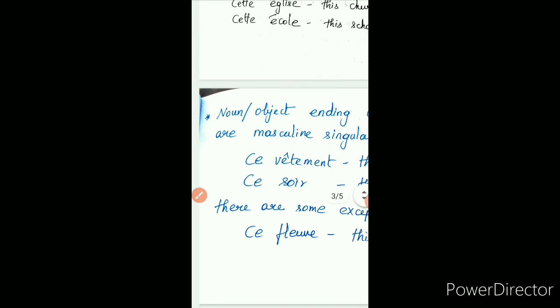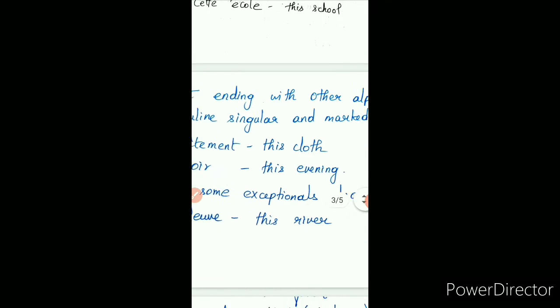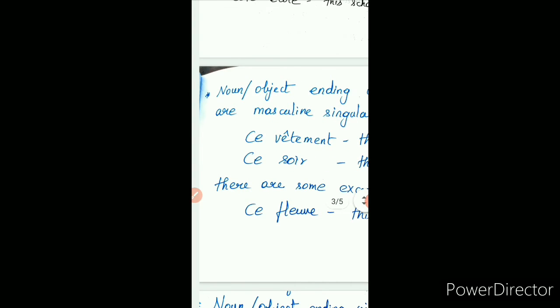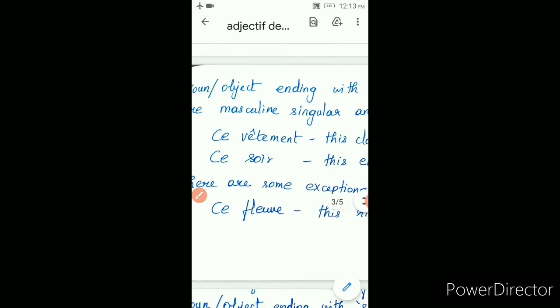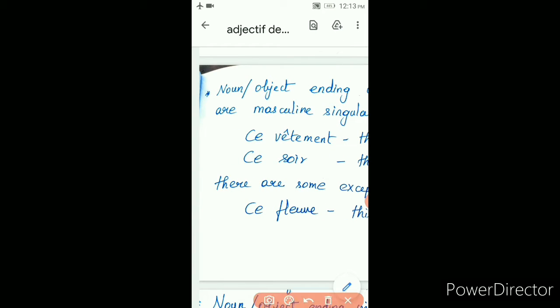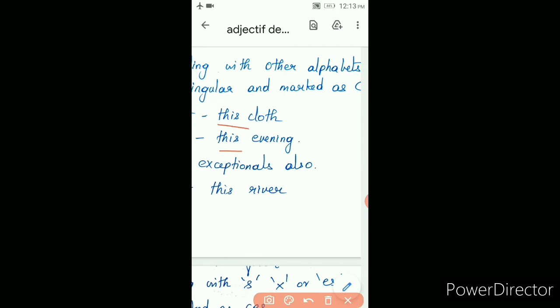Now, let us move on to masculine. Nouns or objects ending with other alphabets are masculine. Any other alphabet, T, R: if it is ending with T or R, it is masculine singular. Sir Vathmo, Sir Swar. This cloth, this evening.